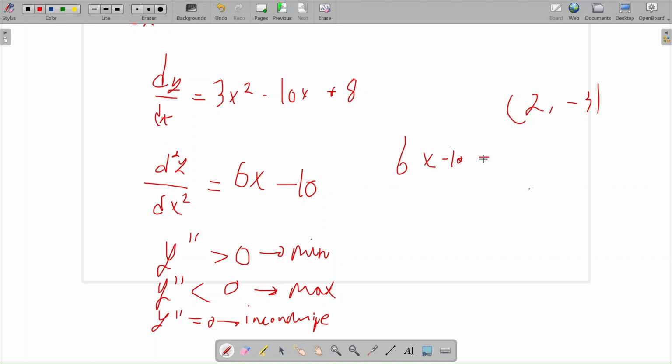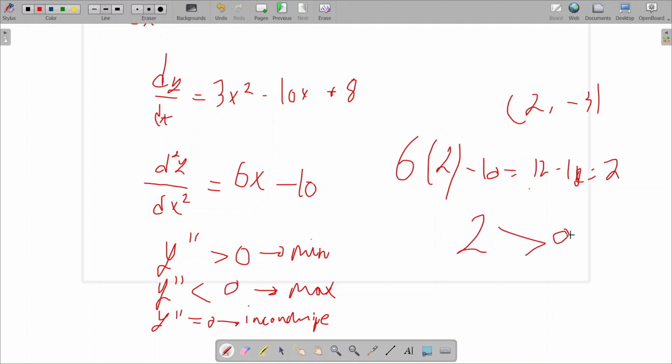Let me just actually solve it once and for all. So 6, you substitute in the x value, 2, minus 10. This will give you 12 minus 10, which will give you 2. Now, 2 is greater than 0, which means that this point is a minimum. Okay.